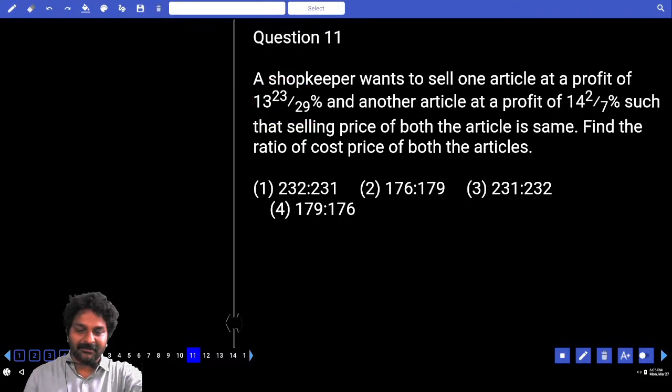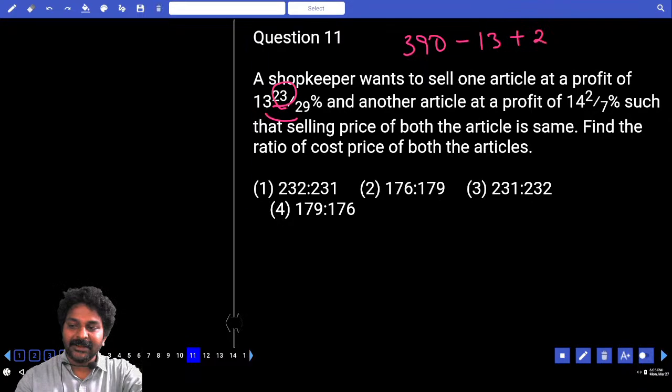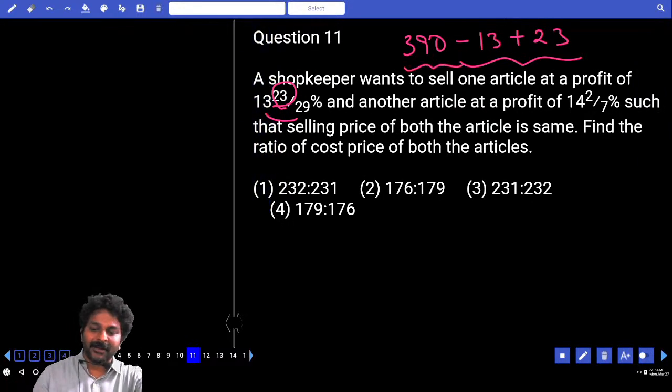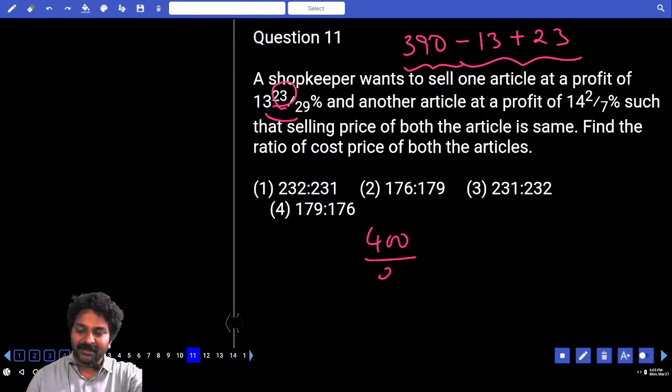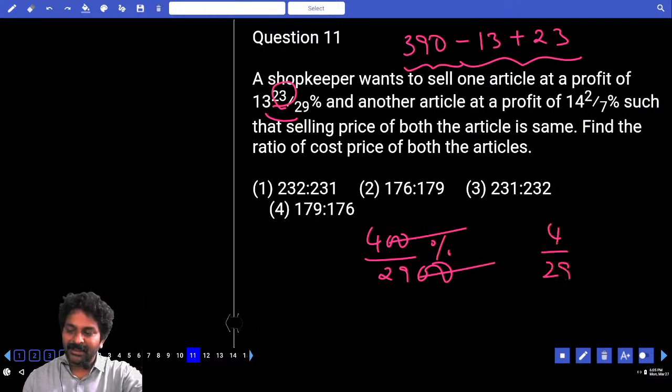Otherwise you'll have to calculate, convert directly. 13 times 29 plus 23, 377 plus 23, 400. So it is 400 divided by 29%. అర్థమైందా? పర్సంటేజ్ సింబల్ తీసేసాము అని అనుకుందాం కొంచెం సేపు. డివైడెడ్ బై 100 కదా వచ్చేది, అంటే 4/29 అనే కదా.